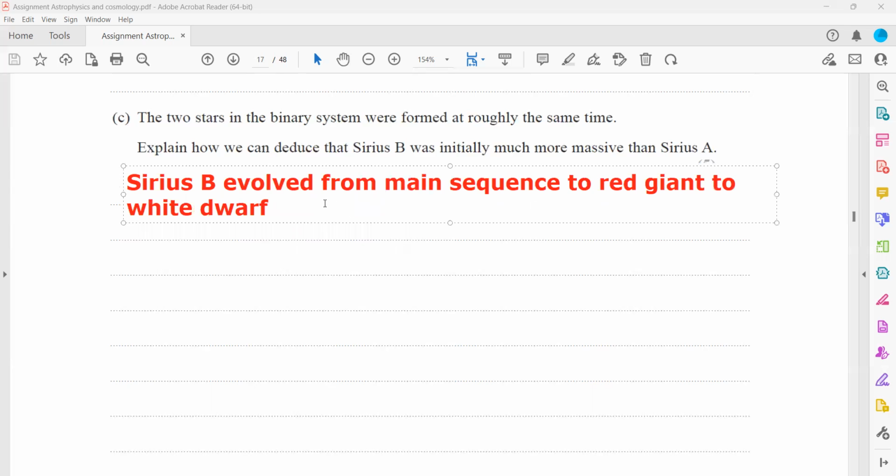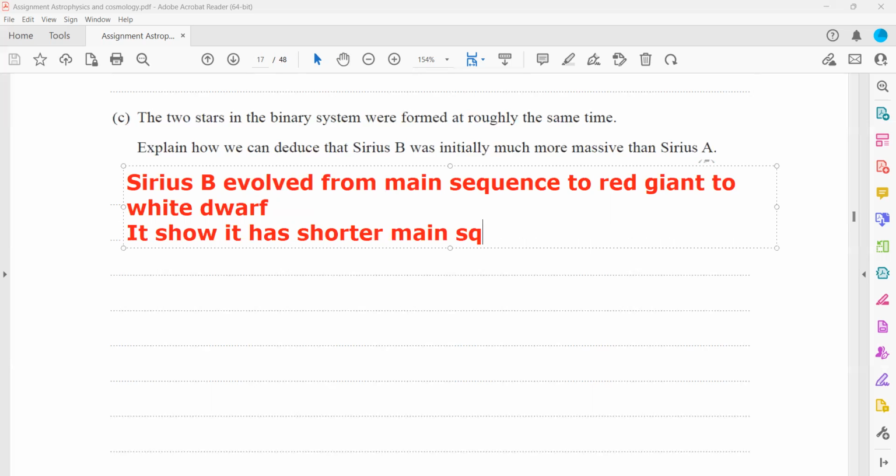So as Sirius B evolved from a main sequence to red giant to white dwarf, what it shows is it has a shorter main sequence lifetime.